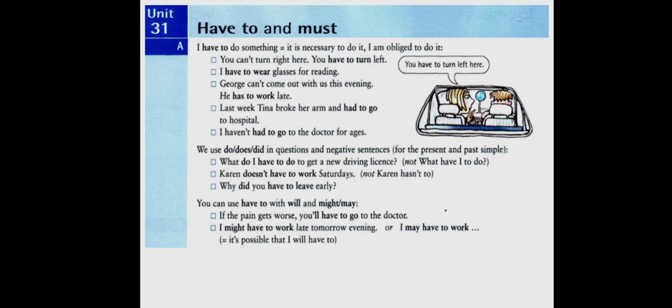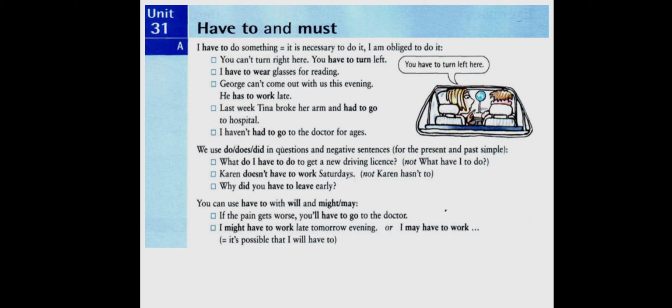We use do, does, did in questions and negative sentences to form negative sentences of have to, and to form questions we use do, does, did. Here we speak about have to as if it is a main verb, so we need to use auxiliary verb or helping verb to form questions and to form negative.